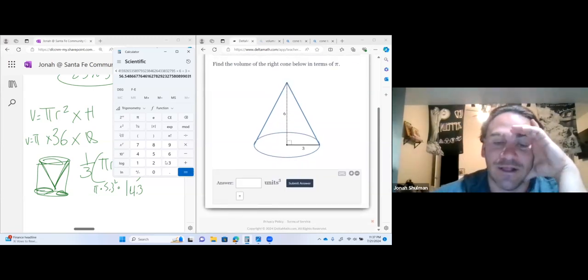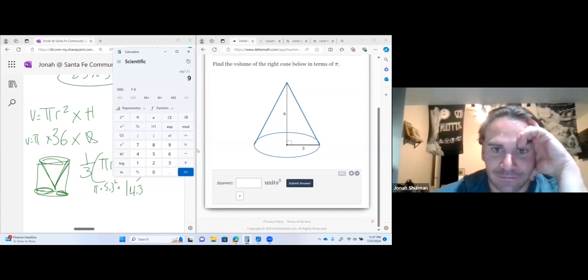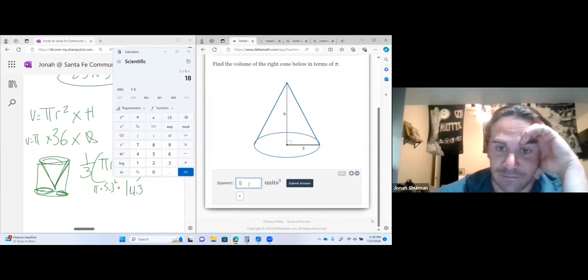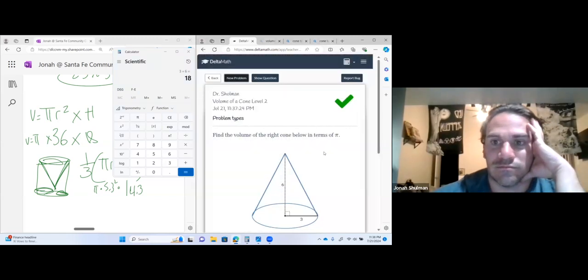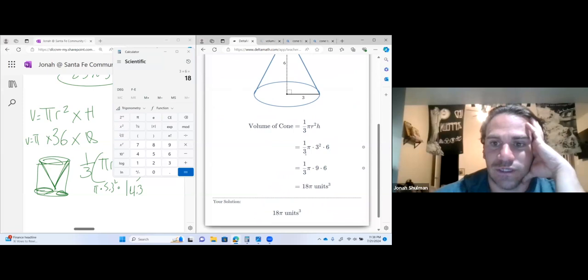Okay, so sorry. So we have 3 squared divided by 3. Literally brings us right back to 3, and we just times it by 6. It's 18 pi's, because the 3 and one of the 3's cancel.